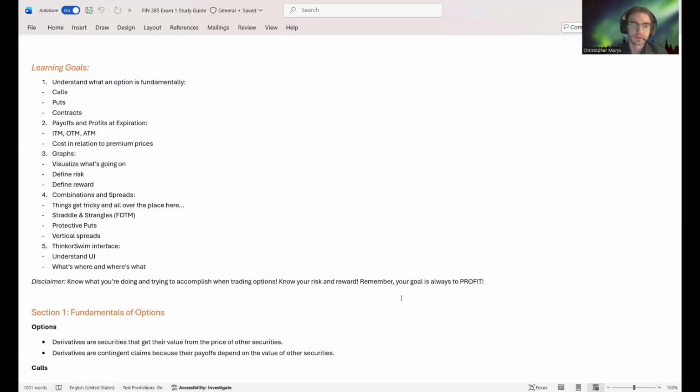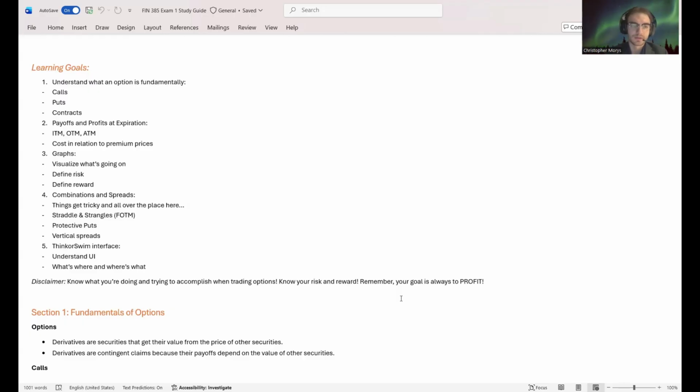Our fourth learning goal is going to be learning combinations and spreads. This is probably the hardest part of the exam, in my opinion, because things start to get tricky as you start adding things together, and you have to keep in mind many factors.